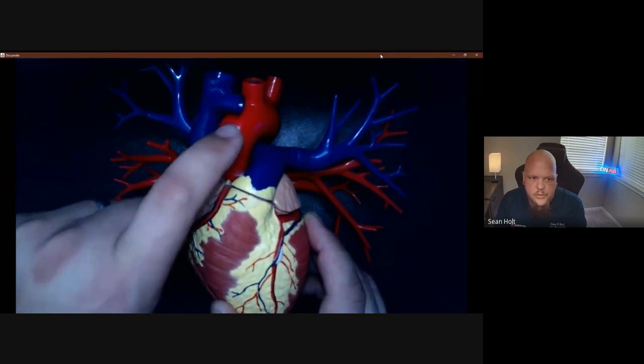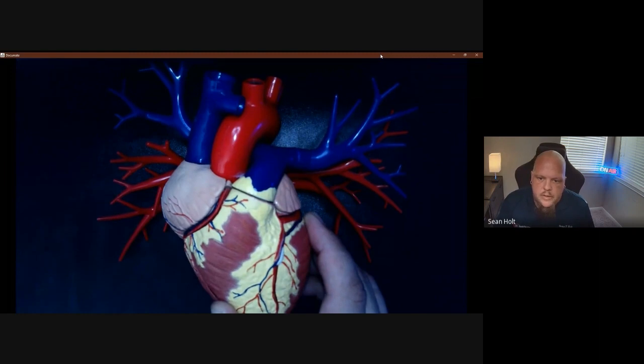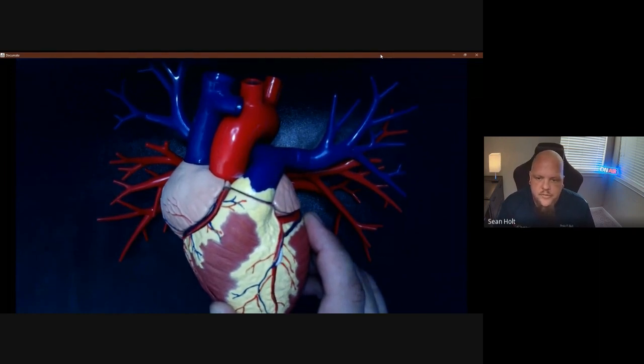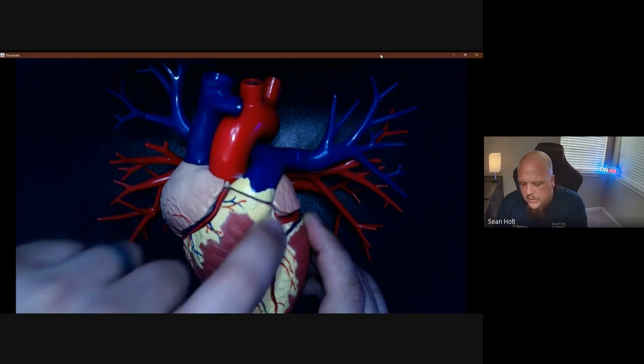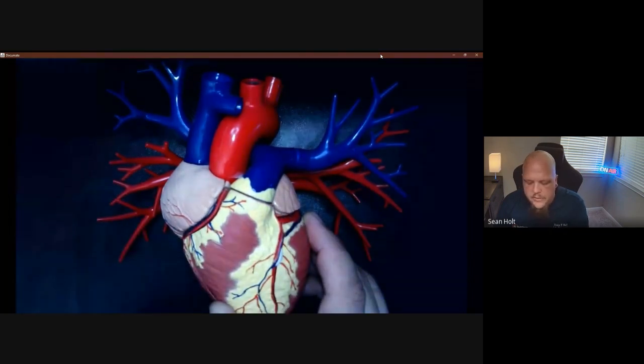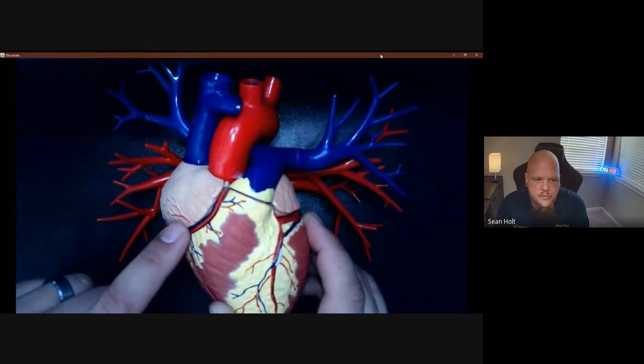The aorta is what pumps blood out to the rest of the body and has the doorways to the coronary vessels. These vessels you see on the outside of the heart, the external or superficial surface.